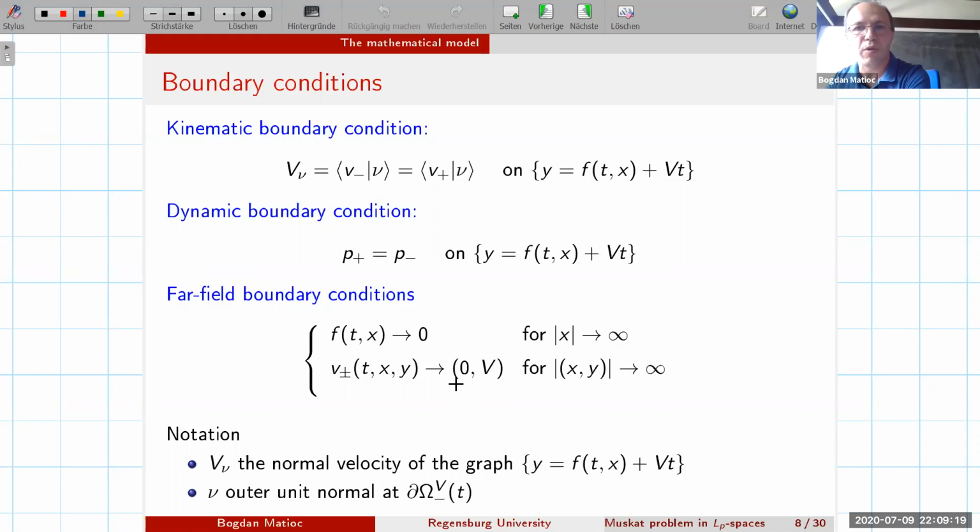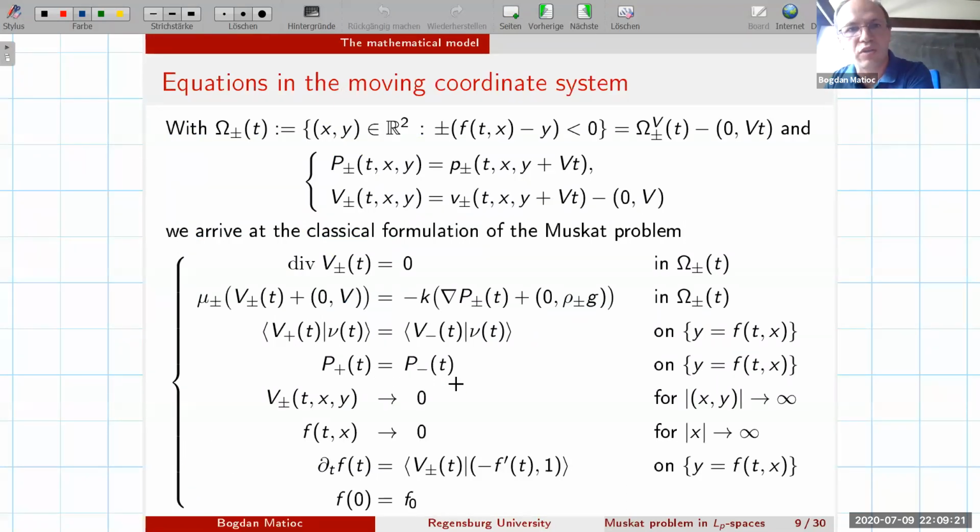These are the equations of motion, but it's natural to view this system in a moving coordinate frame which moves with the velocity v_0.